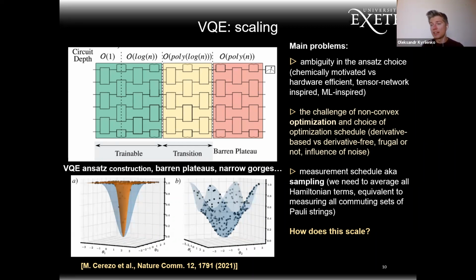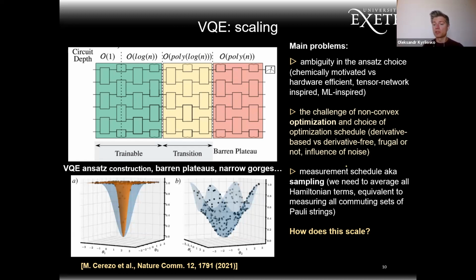You could see how everything slows down. And essentially, no matter how many iterations you use, you will stay in this flat plateau. So optimization and ansatz choice are two problems one needs to solve for scaling VQE.